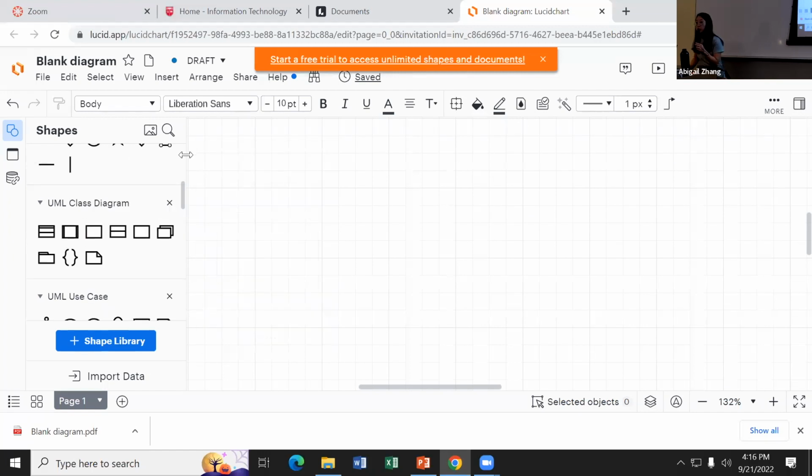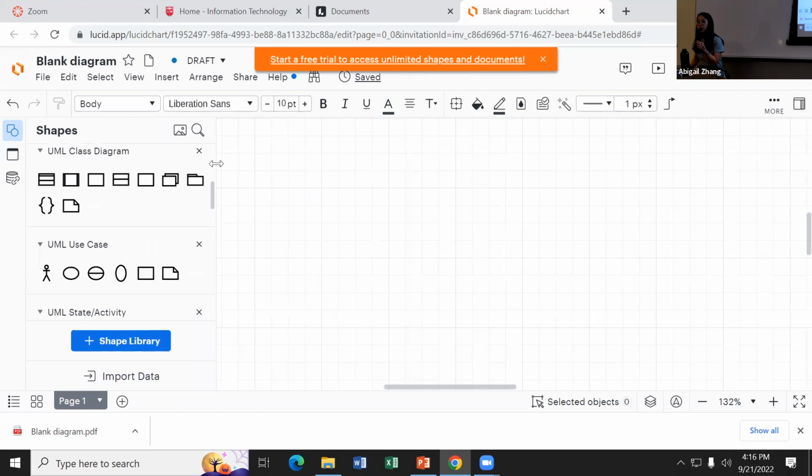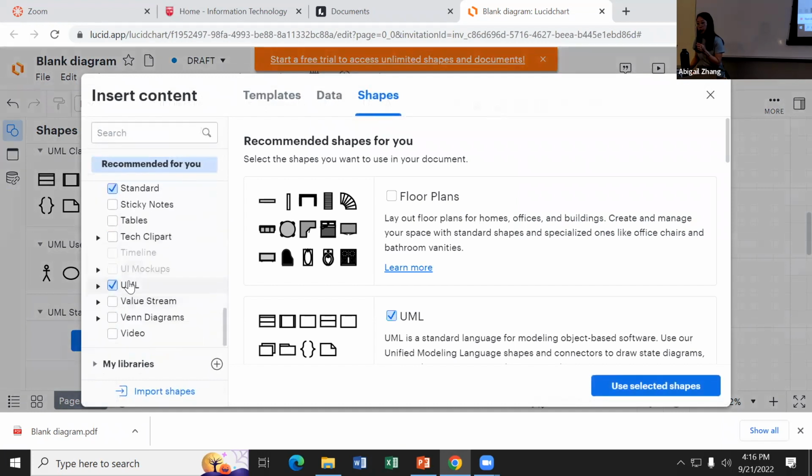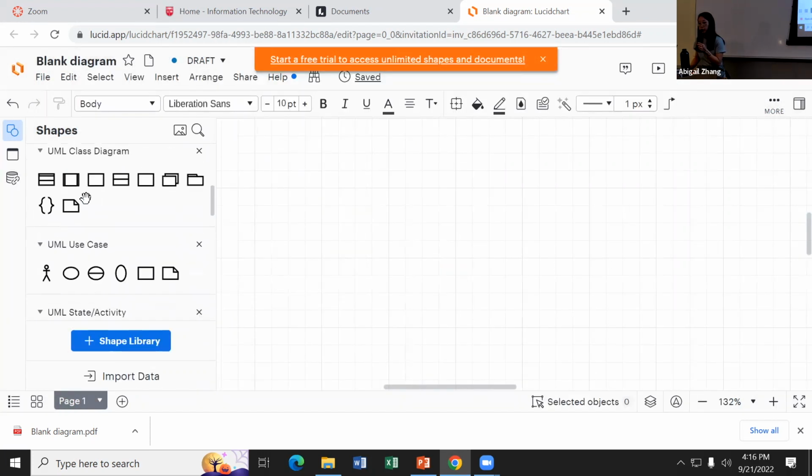Please let me know if you want me to illustrate this again, just in case you didn't follow me. To do that, you go to this shape library, choose UML, choose select shapes, and then you should be able to get these different diagrams.